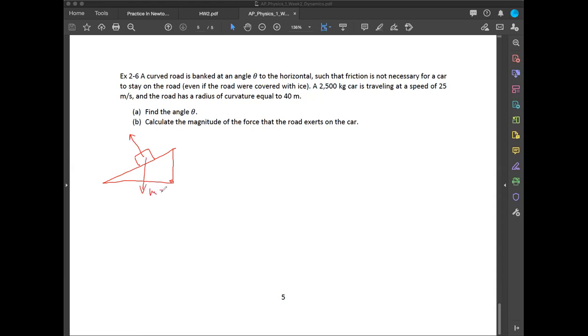So do the free body diagram. Weight, normal force. What's the direction of the net force? It should point to the center, right? The center is somewhere here, because it's doing circular motion this way. This is the circular path.